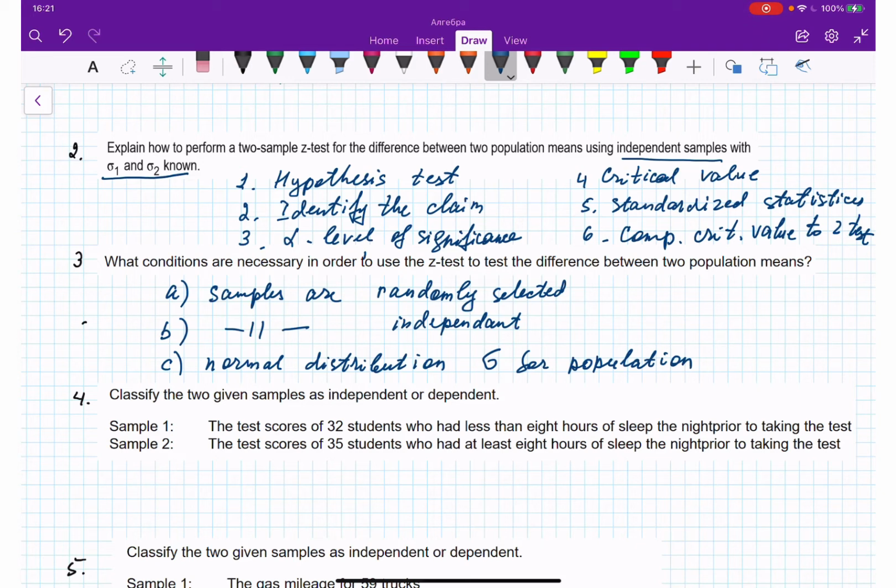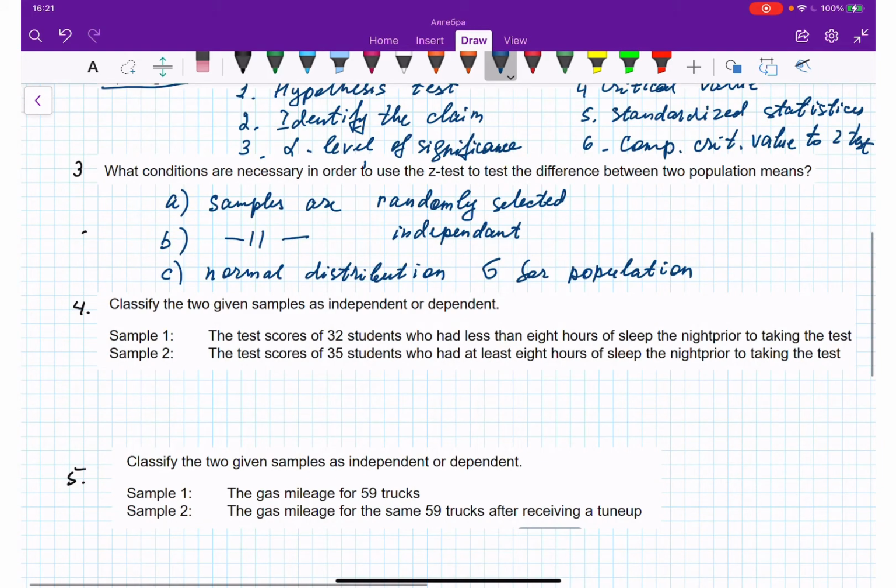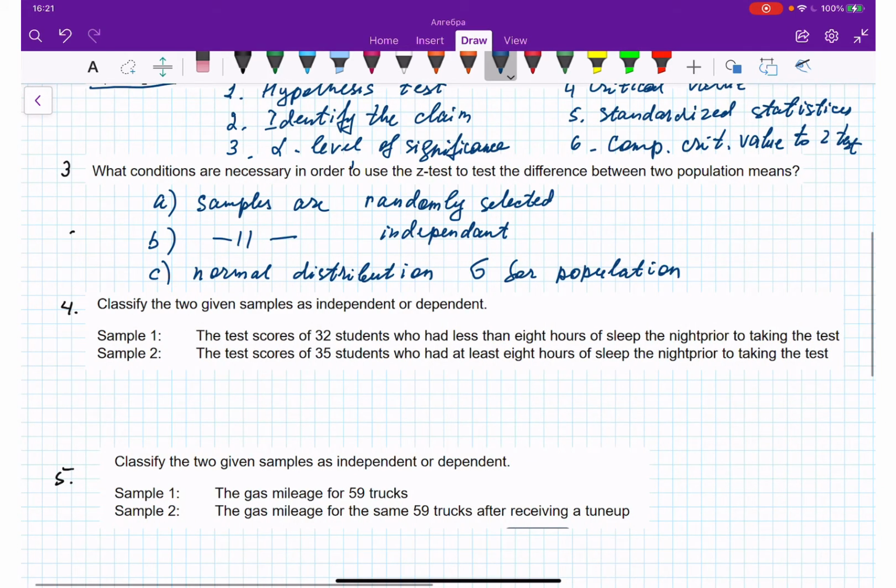Question number 4. Classify two given samples as independent or dependent. We have the test scores of 32 students who had less than 8 hours of sleep the night prior to taking the test, and the test scores of 35 students who had at least 8 hours of sleep the night prior.